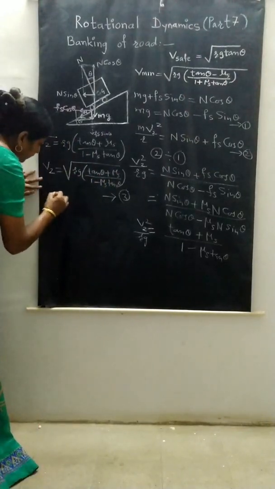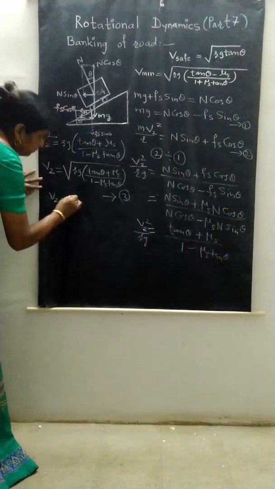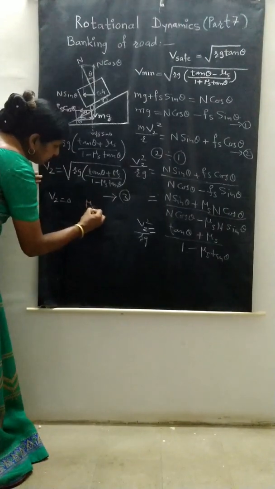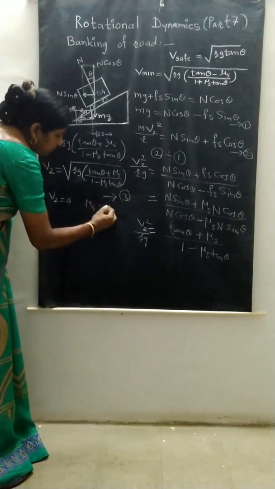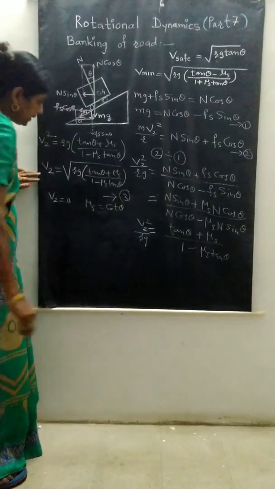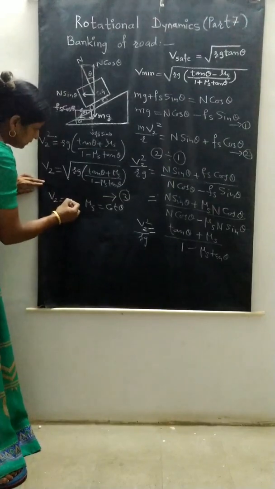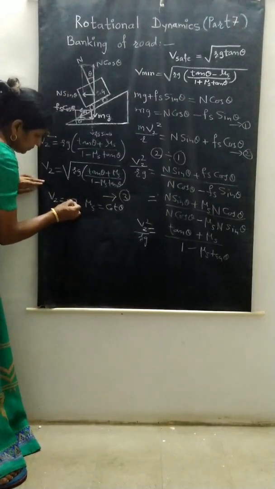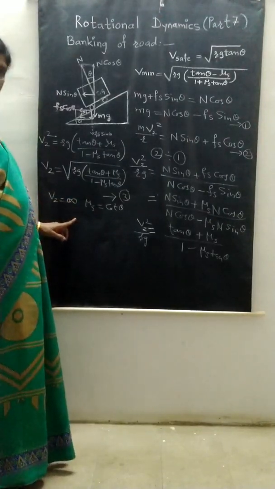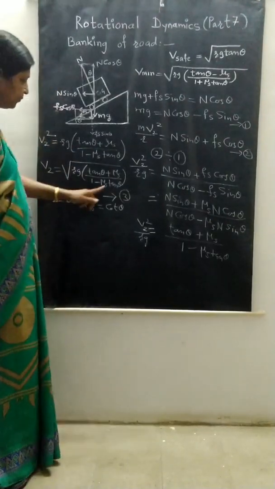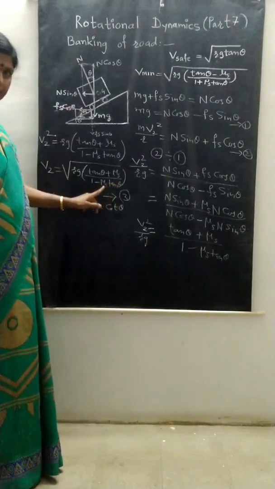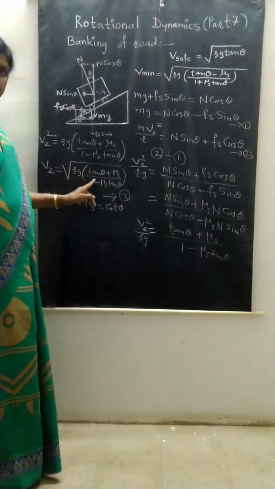Hence, V2 is equal to infinity. This will happen when mu s is equal to cot theta. Cot theta into tan theta is 1, 1 minus 1 is 0, 1 upon 0 is infinity.